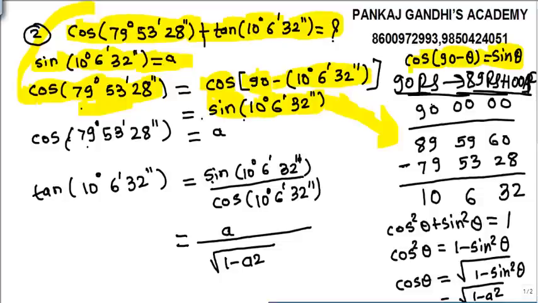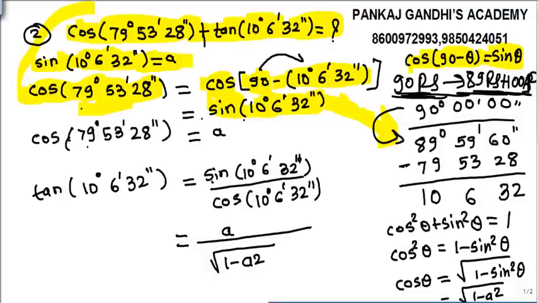Same logic here: 90 degrees 0 minutes 0 seconds can be written as 89 degrees 59 minutes and 60 seconds, just as 90 rupees is 89 rupees plus 100 paisa.